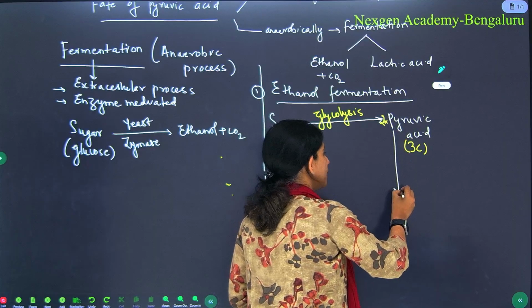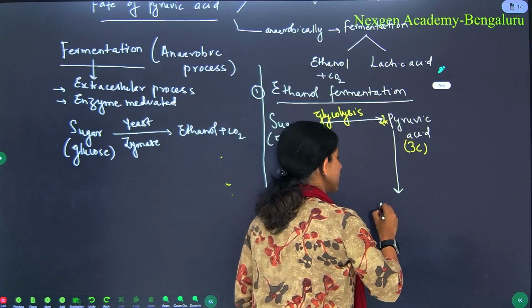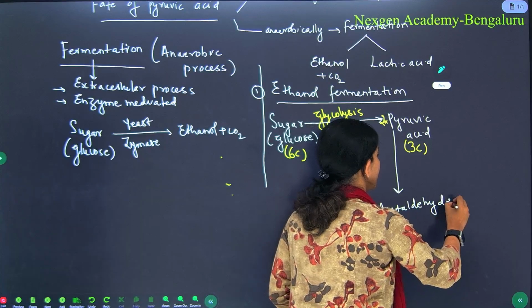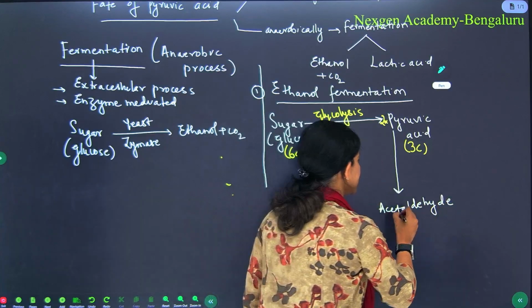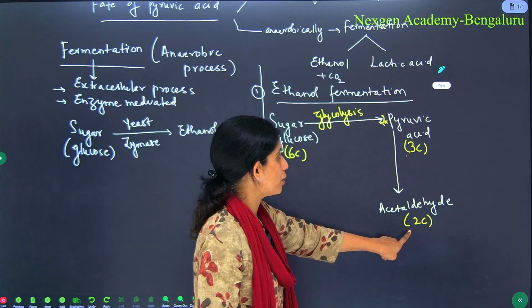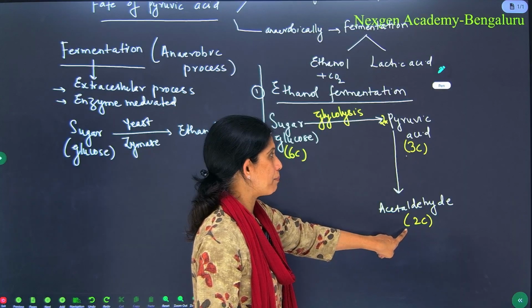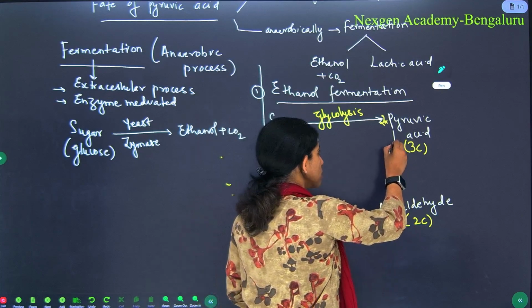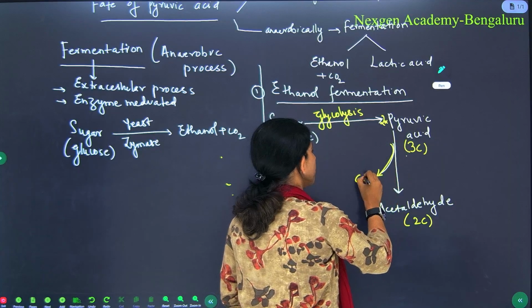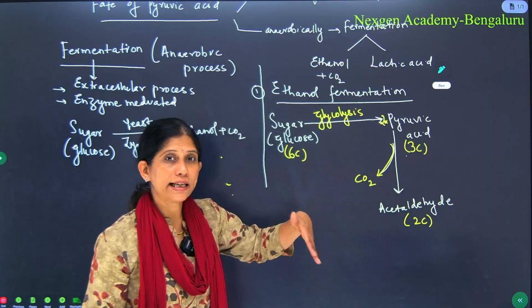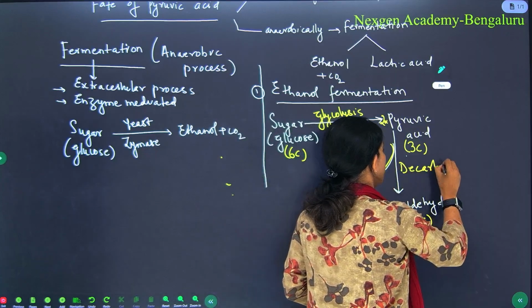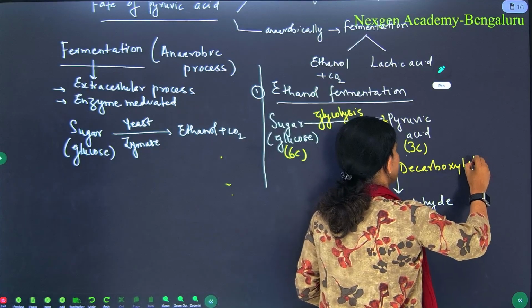Pyruvic acid, a 3-carbon compound, is first converted to acetaldehyde, right? Now, what is acetaldehyde? Acetaldehyde is a 2-carbon compound. Pyruvic acid is a 3-carbon compound, so there is 1 carbon less. That 1 carbon is released in the form of carbon dioxide. The release of carbon dioxide is called decarboxylation, right?